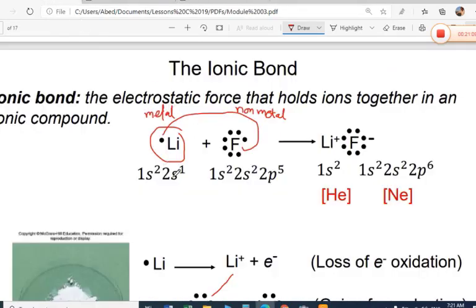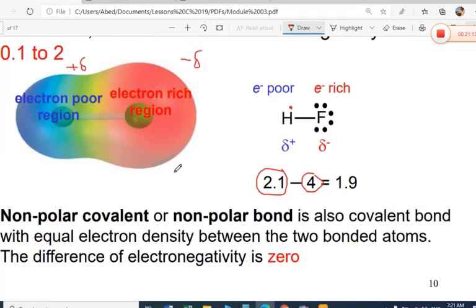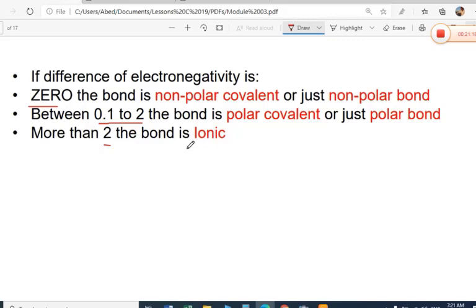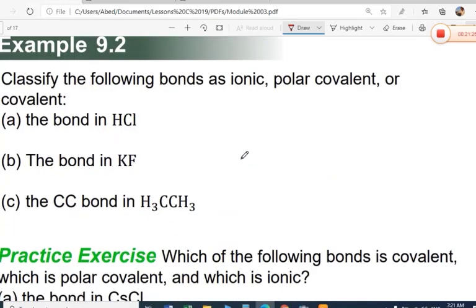And if you do the calculation, the answer will be more than 2. So this is also one method, to calculate and write the answer. So we learned 3 types of bond: ionic, non-polar and polar. Now let's do some exercises to learn the calculation.